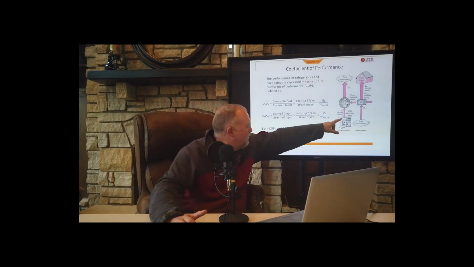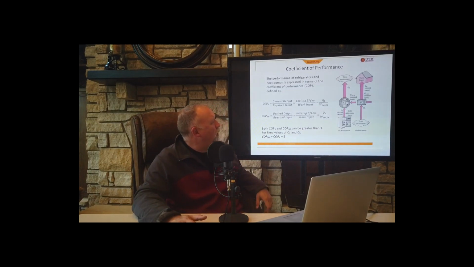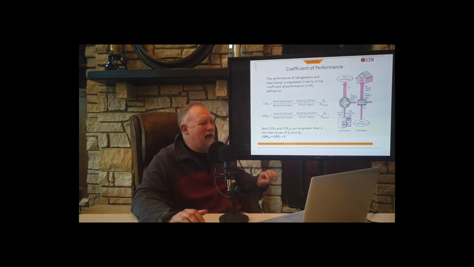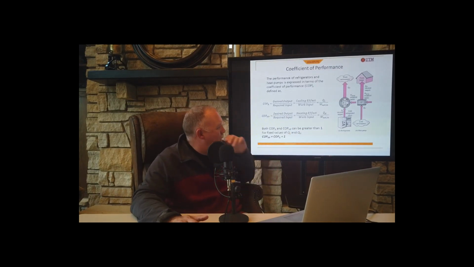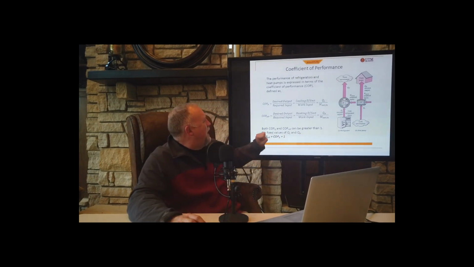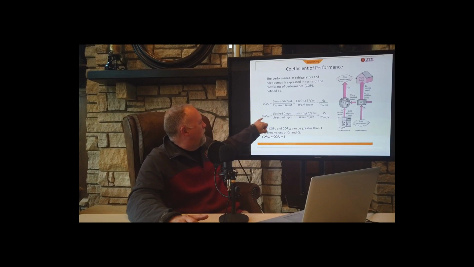If you look at the far right, warm house, cold environment, the picture on the far right where we were trying to heat a house using a heat pump, that cold environment is the ground. We're trying to pull energy out of the ground and use that in a heat pump. I just want to quickly review this. The coefficient of performance for a heat pump is the ratio of the desired output over the required input.